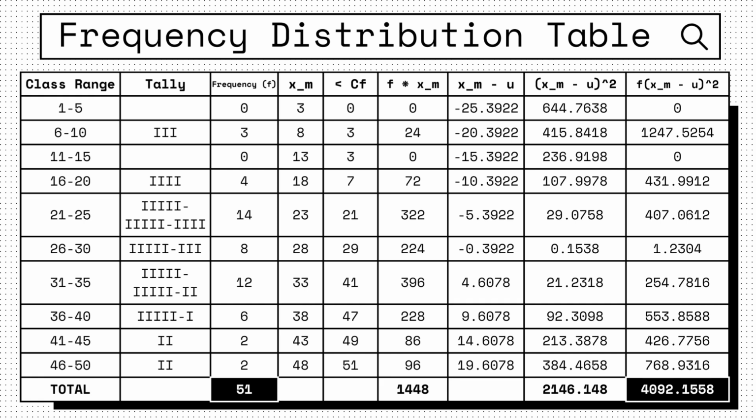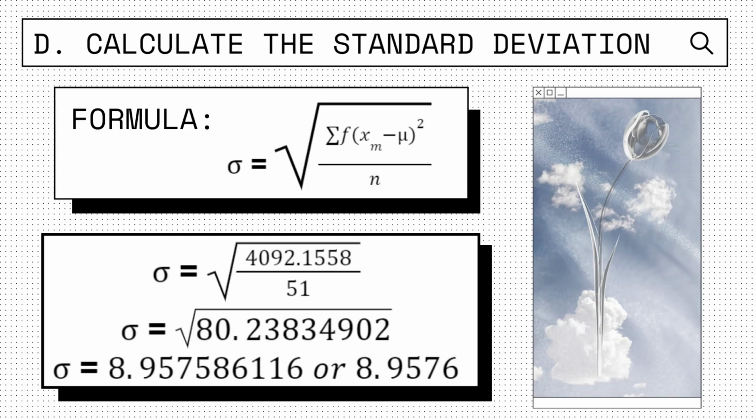According to the frequency distribution table, the summation of f times x sub m minus mean squared is 4,092.1558, and the n is 51. Now, we're going to apply this to our formula, in which we will get 8.95758611, or 8.9576 if rounded off to 4 decimal places, and this will be our standard deviation.